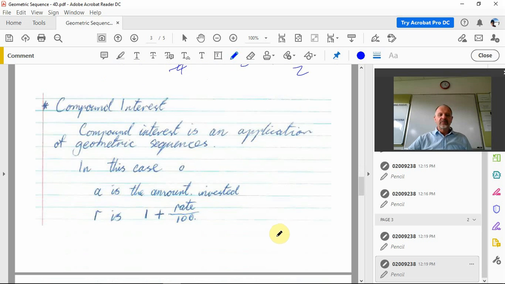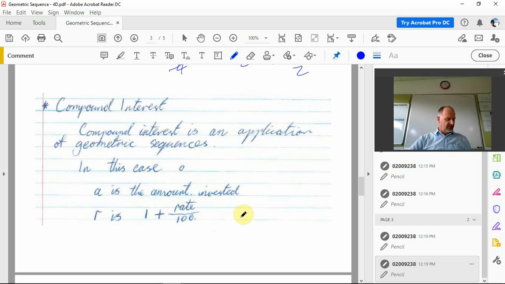And so when you're doing compound interest, a is the amount that you invest, and r, the common ratio, is 1 plus the interest rate in percent on 100. The 1 plus, the 1 is you still got the amount of money you put in plus how much you earn for the interest, and so that's where that comes about.